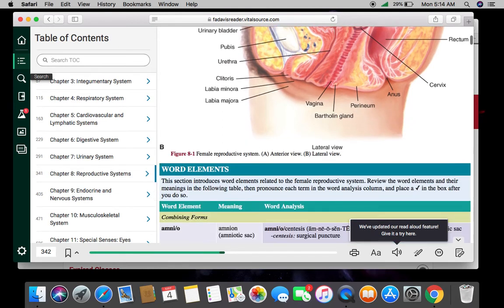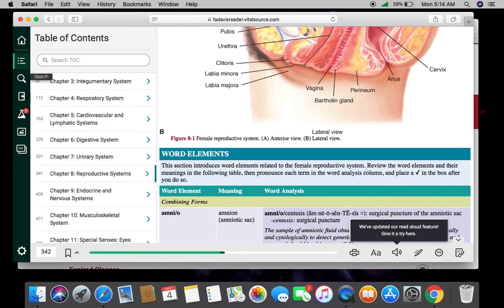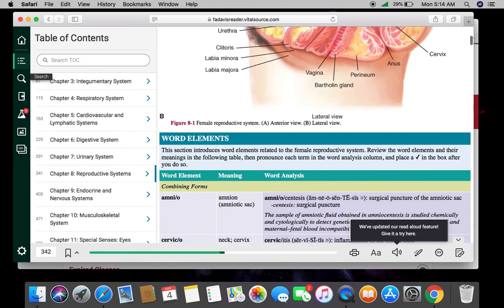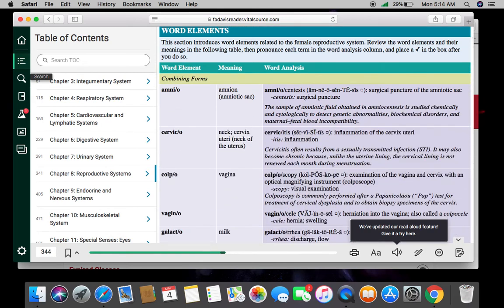But I like these pictures because, like I stated in other lectures, many medical terminology and anatomy physiology classes are fused, so you go through both things at the same time. But here at our university, we separate it out just to warm you up, and also when you go to anatomy and physiology, it gets solidified and renewed. That's part and parcel of education, the repetition of it all.